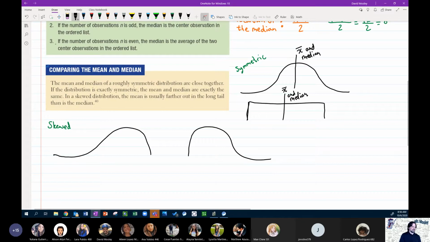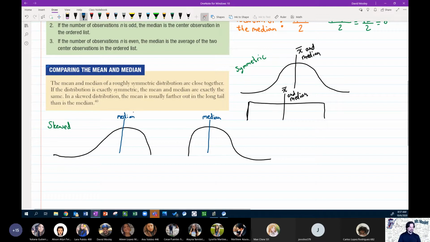This is a rough sketch. So we have skewed left and skewed right. In these cases, your median is going to be still closer to the peak, because it still has to reside in the middle. So 50% is on one side and 50% is on the other side.